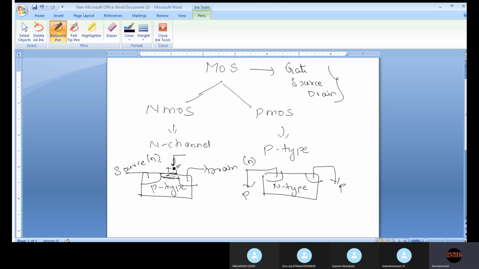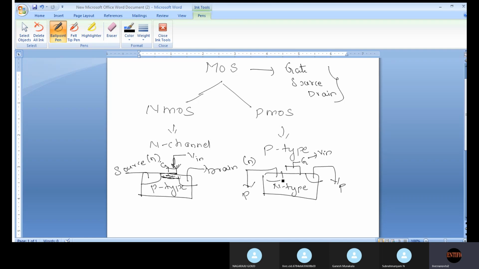This is the gate region, the center one. You need to give the supply voltage Vin to this gate. So for the N channel MOSFET, all the N type carriers from source and drain will be attracted towards the gate.